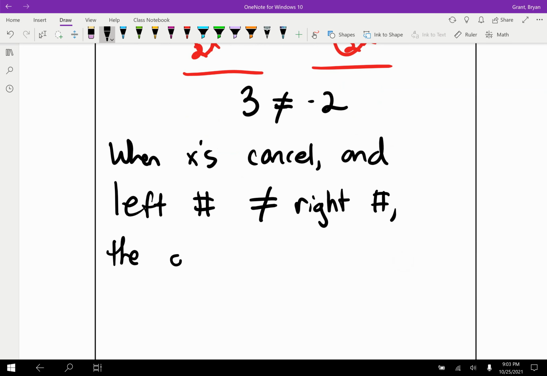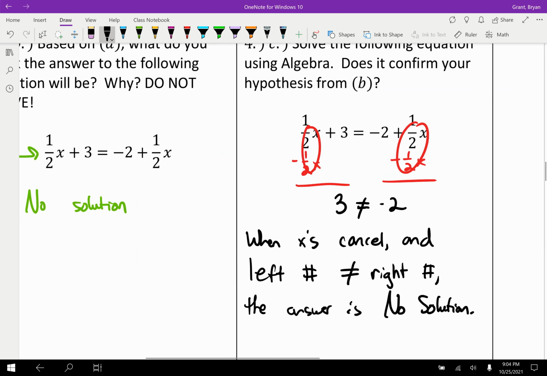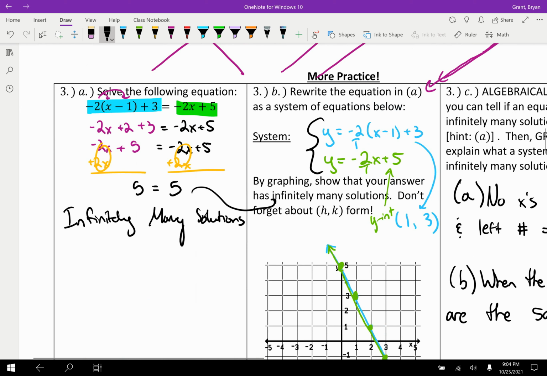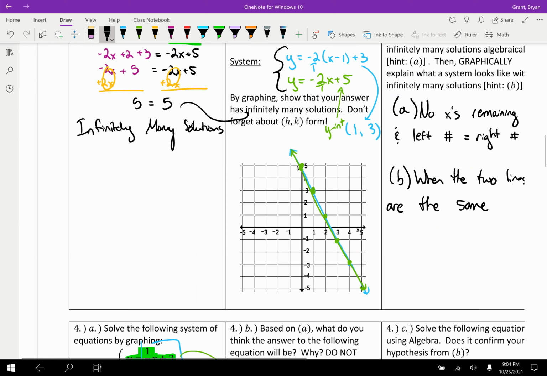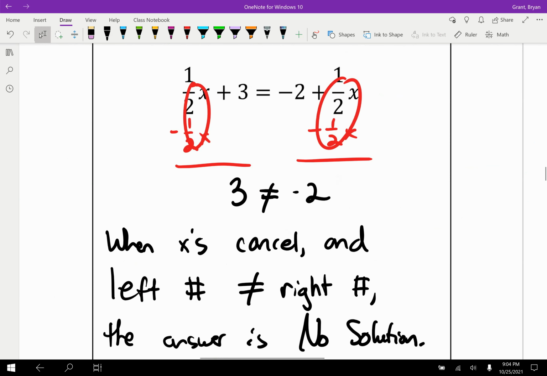The answer is no solution. So we do need to be able to recognize that when we get two numbers not equal versus two numbers equal, they are two different types of answers. Infinitely many solutions when they're the same line, same answer, or no solution, different y-intercepts in this case.